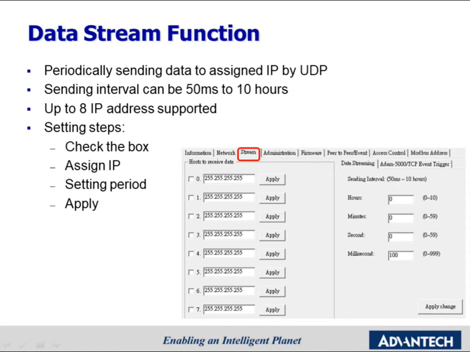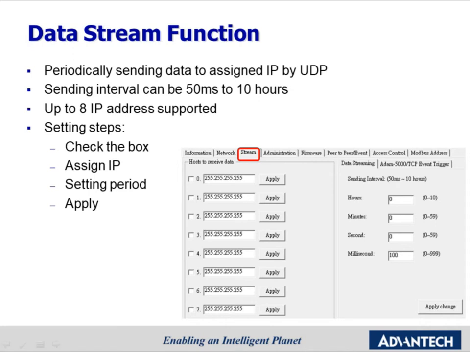Unlike the Modbus TCP protocol communication, which requires active polling for the response, the data stream function allows the remote I/O to automatically update the I/O status to the host. The data stream function means Adam will periodically send data to the assigned IP by using UDP. Users can decide which host will receive the I/O data from Adam, and also the sending interval.